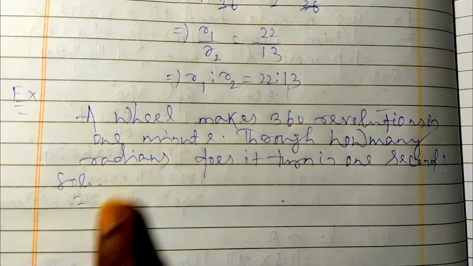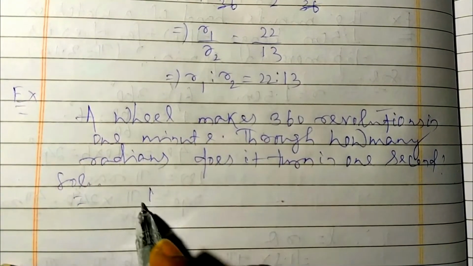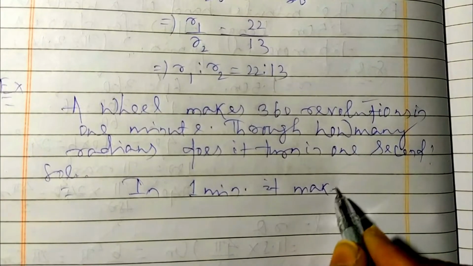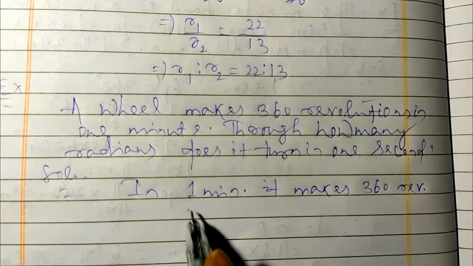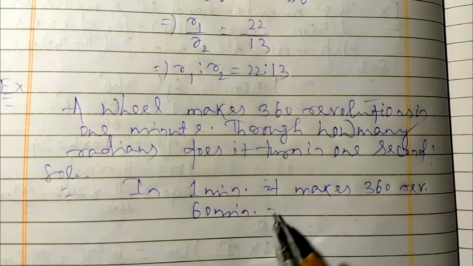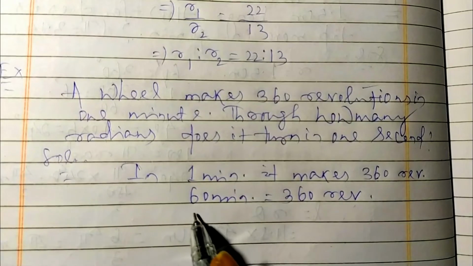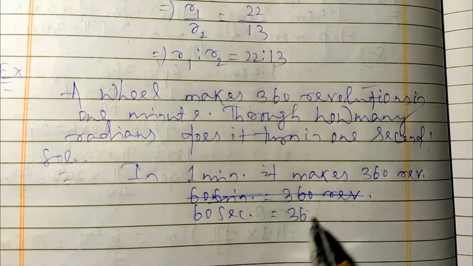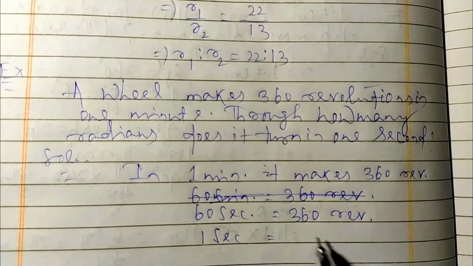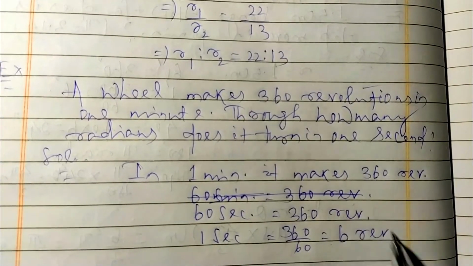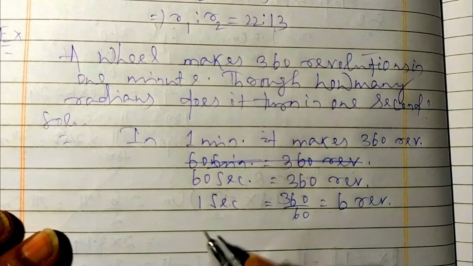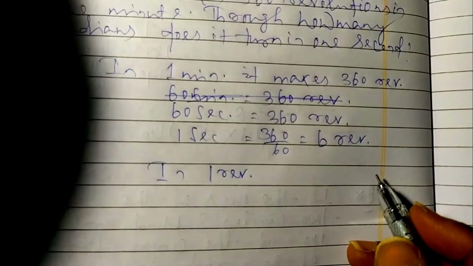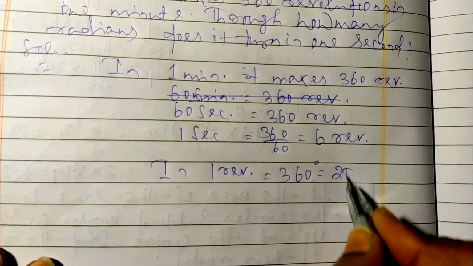In 60 seconds it is 360 revolutions. 1 second is equal to 360 by 60, that means 6 revolutions. So one revolution is equal to 360 degree, that means 2 pi radian.